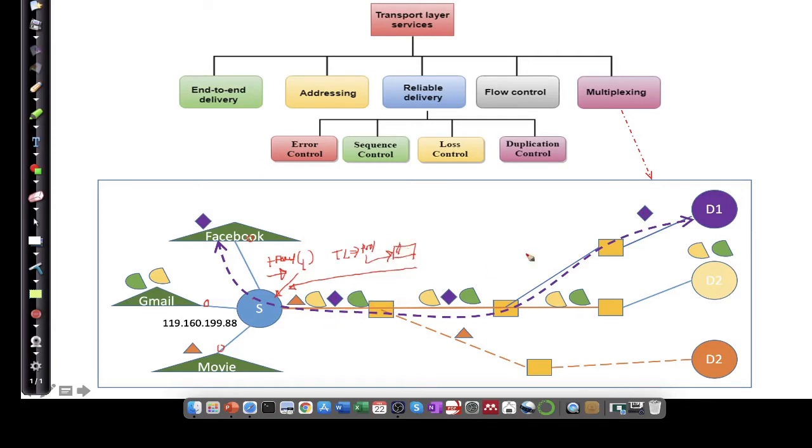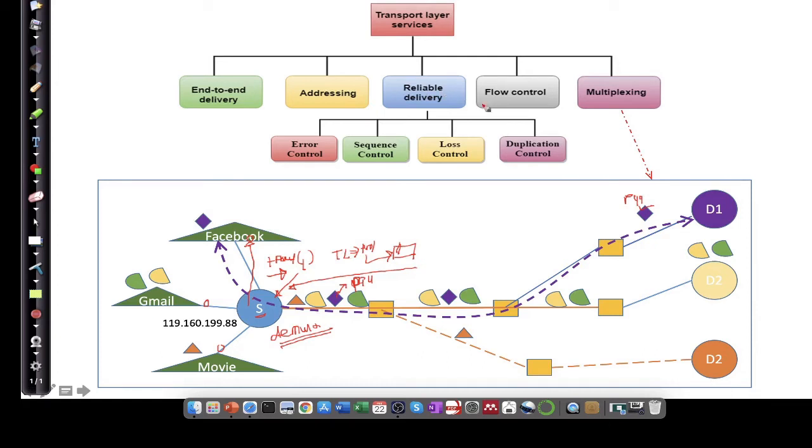For example, if data is coming from D1, identified say by port number P99, then this packet will carry port number P99. By looking at this port number, the source will deliver that packet to the respective application, in this case Facebook. That way the source can demultiplex. This is called demultiplexing the data packet.